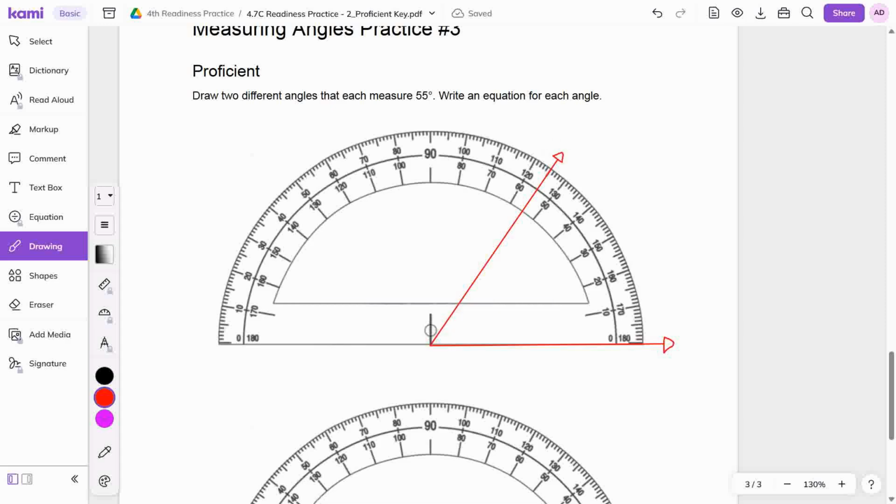Okay, so this is going to be pretty simple. This is the 55 minus 0 equals my measure of 55 degrees, because what I'm doing is measuring that 55 right there and that 0 right there. That's where my two lines go through.